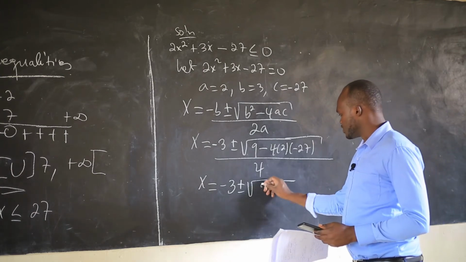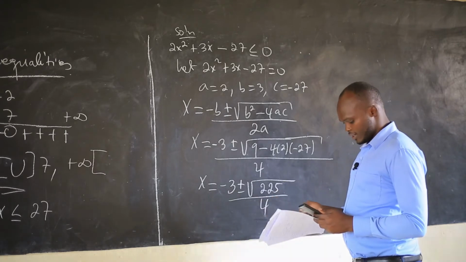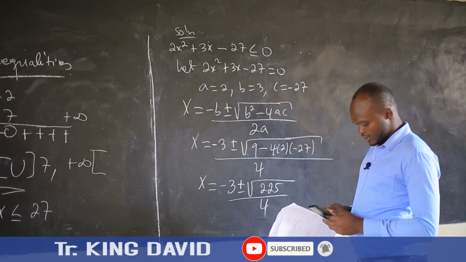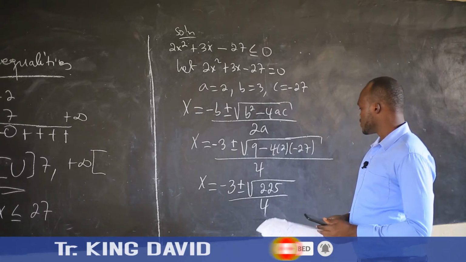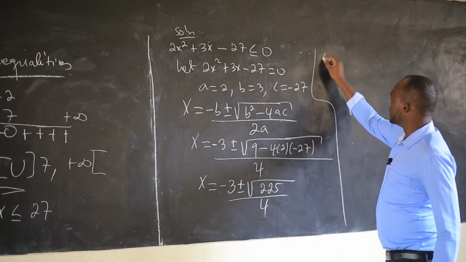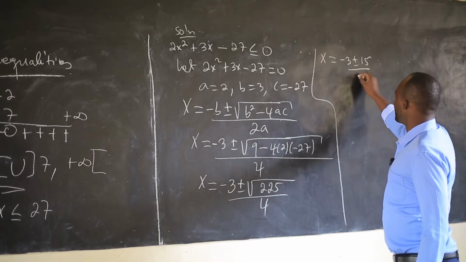So it will be 225 divided by 4. And I think the square root of that one is 15. So which means that our x is negative 3 plus or minus 15 divided by 4.